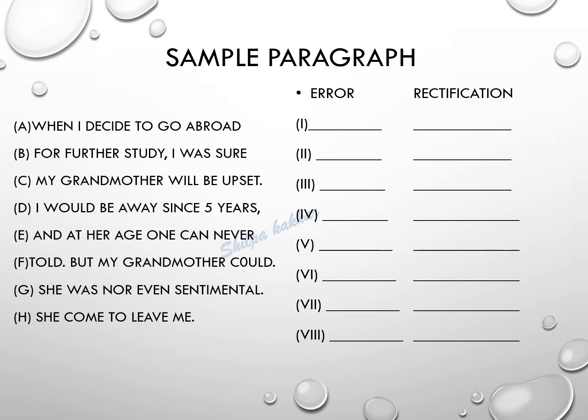So, from this paragraph, we have made out that the paragraph is in the past tense. Let us find out the errors. Here, let us see where the mistake is.